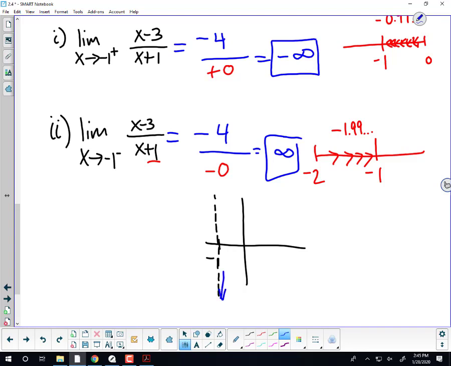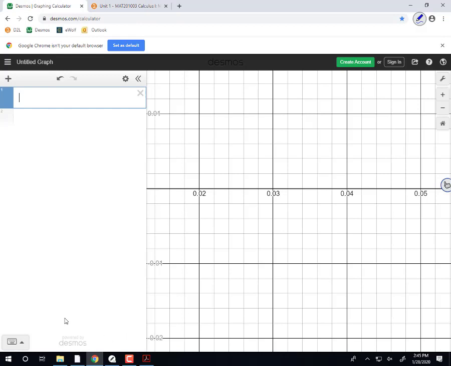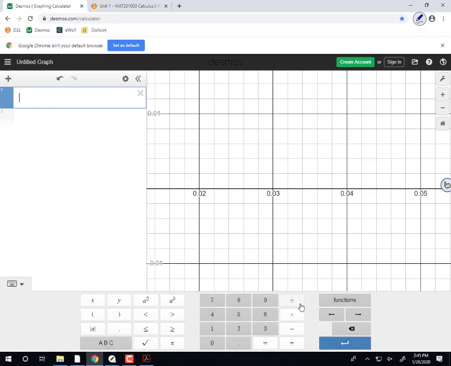And as we approach -1 from the left, we've got positive infinity. So whatever else the graph is doing, we need other stuff to tell us that. But we do know that's where these arrows go. x minus 3 over x.